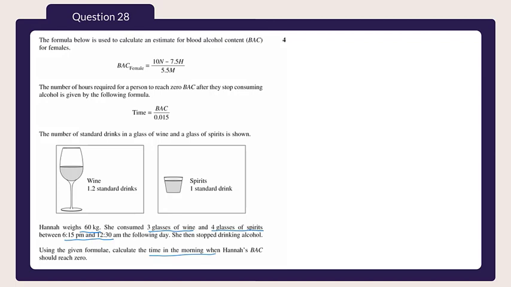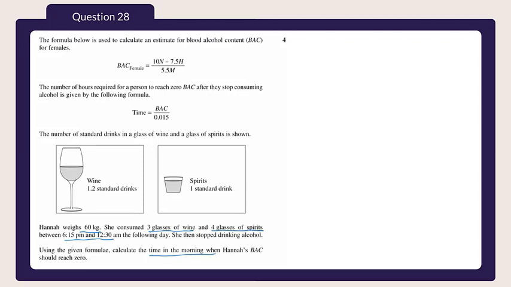So there's 2 parts to this problem. First of all, I need to identify what her BAC level is at 12:30 a.m. And from that point, I'll be able to identify how long it's going to take for her to get back to 0. So to begin with, I need to identify the number of standard drinks she's had.